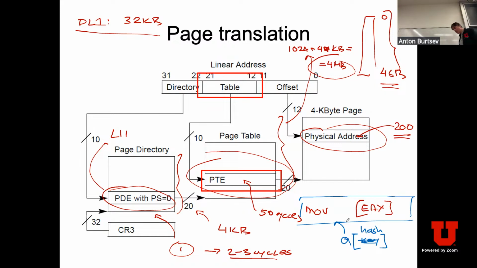Correct. So the instruction memory, by the way, on every move access, there is an instruction pointer which points to an instruction. It goes to the next instruction. And yes, it goes through the same segmentation and paging mechanisms. And only the L1 data cache is separate. And then the addresses are shared in the L2 and L3 caches.